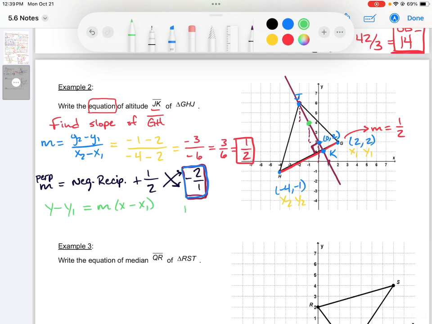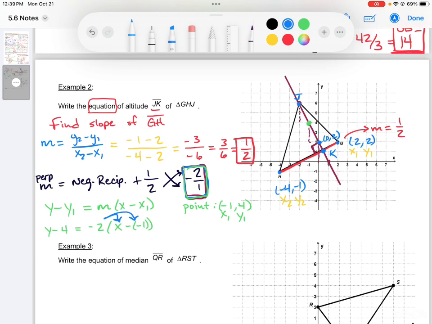So let's use this one right here, (-1, 4). So our point is (-1, 4). And our slope is still -2. So that would be x1, and that would be y1, and we would just plug them in. So y minus 4 equals -2 times x minus -1.